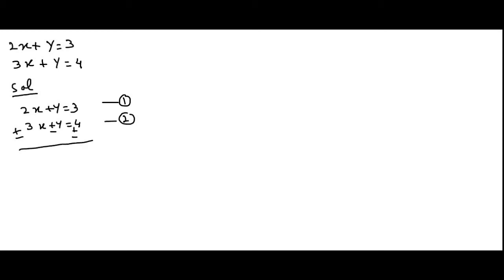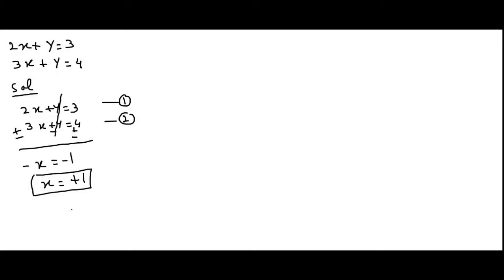We will get y and y cancelled, and the answer is minus x is equal to minus 1. So x is equal to plus 1. This also shows that we are going for exactly one solution. Now put x is equal to 1 in either equation 1 or equation 2. For simplicity we can use equation number 1.